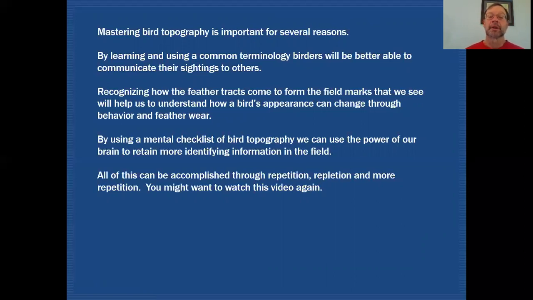Another reason is recognizing how feather tracts come to form the field marks that we see, and that helps us understand how birds' appearances can change through behavior and feather wear. That's another important feature. I gave you some examples of how appearance can change.